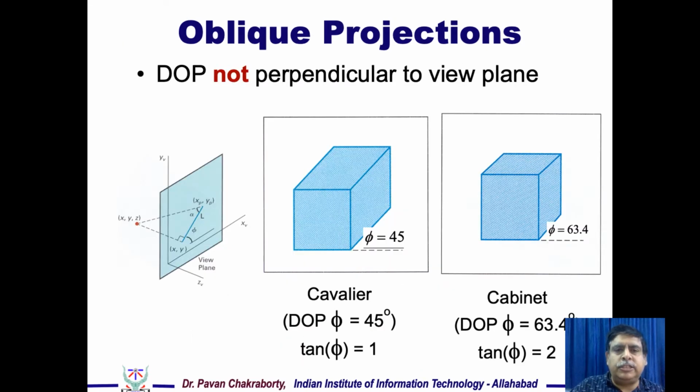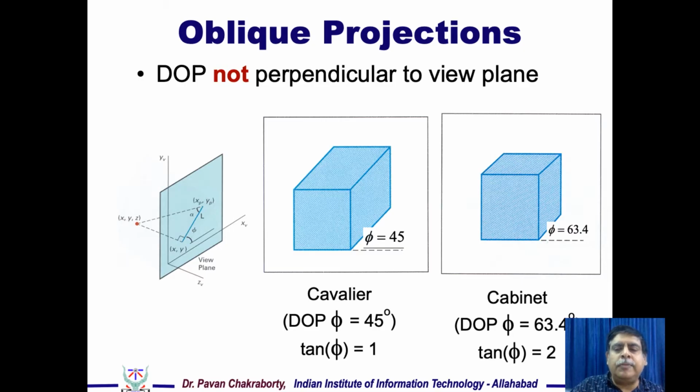The oblique projections are not perpendicular to the view plane. We have two standard oblique projections. One is called the cavalier and the other one is the cabinet. Cavalier is at an angle of 45 degrees, which amounts to tan phi equals 1.